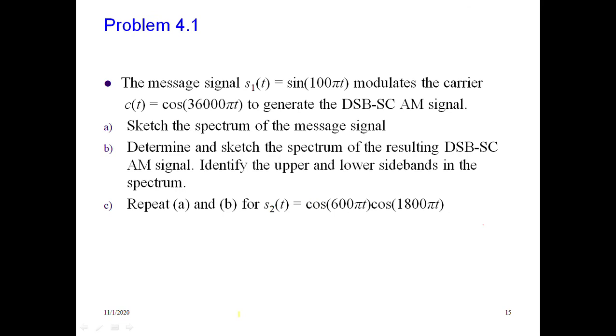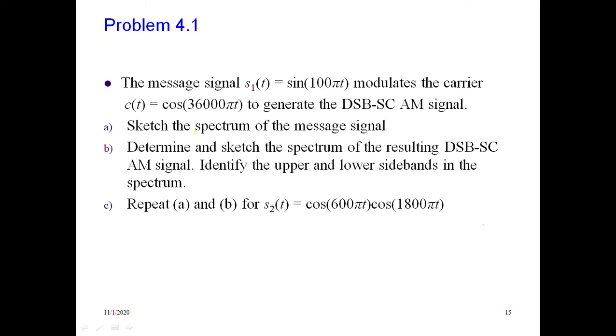Alright, so let's see problem 4.1. We have a signal of sine 100 pi t. The carrier is now cos 36,000 pi t. Now we want to generate the DSB-SC signal.